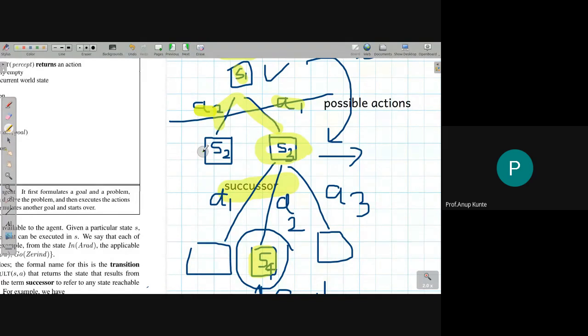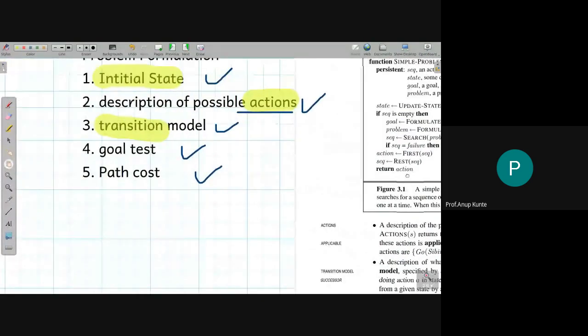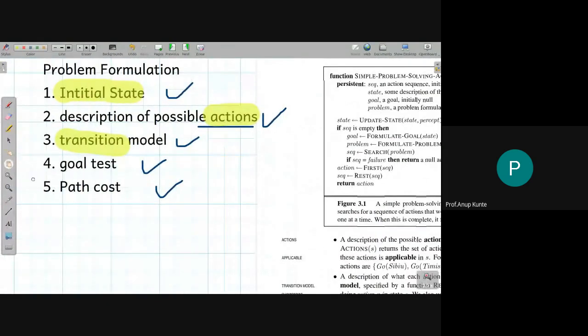There must be some reason for that, and that reason is built into the definition of the problem. That's the fifth thing that you require while defining the problem. It was written on this side, I did not read it earlier for you. That fifth thing is the path cost. It is what we need to evaluate in deciding which action to do over the other.